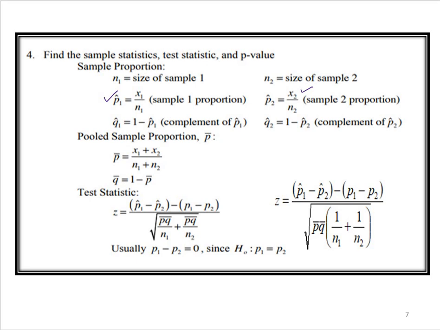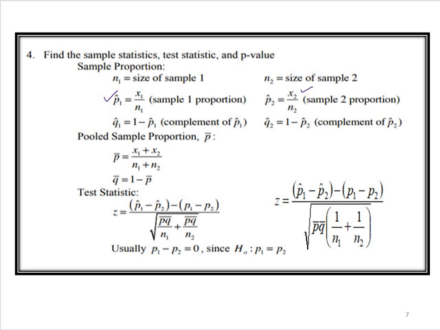Then we want to pool the two samples together. N1 is the size of the first sample and N2 is the second, and we take the successes from N1 as x1 and the successes from N2 as x2, and then we club them together.